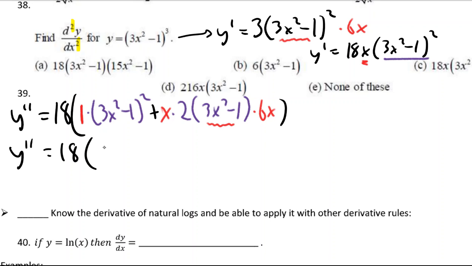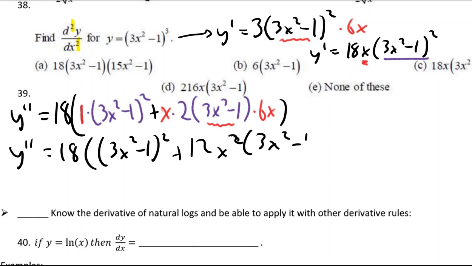So multiplying by 1 doesn't do anything. 2 times 6 times x gets me to there. So I just tried to combine some like terms. You okay to that point?